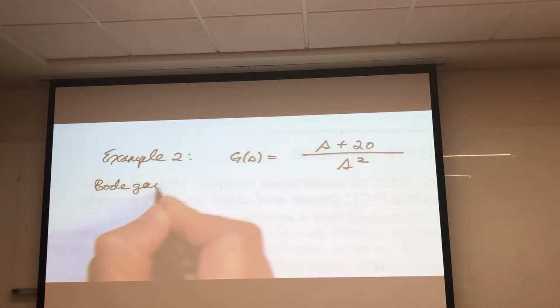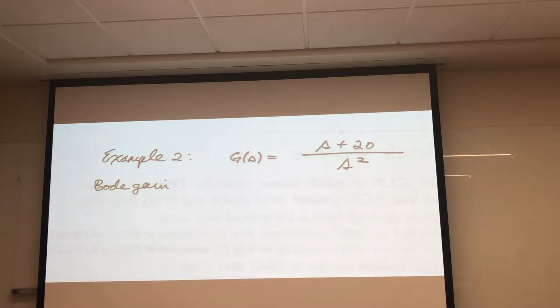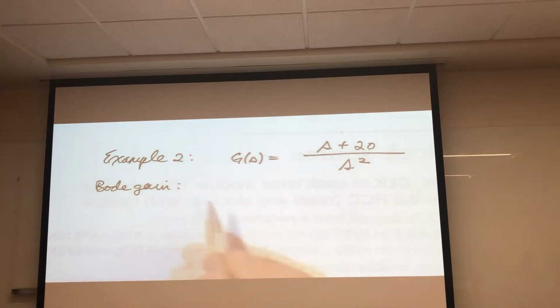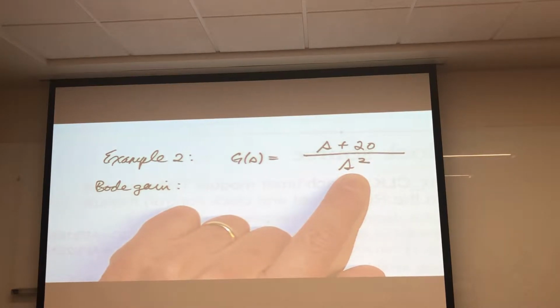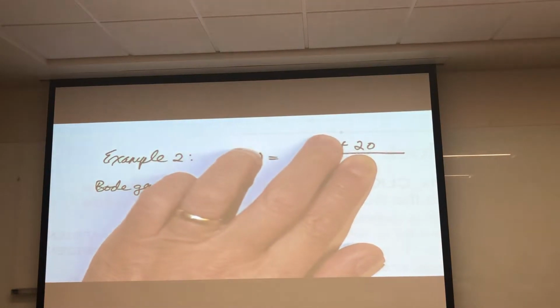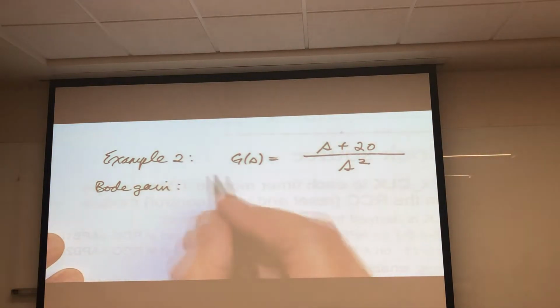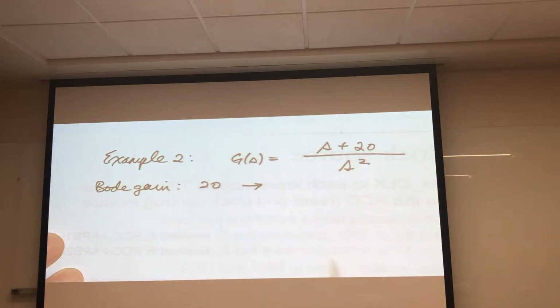The Bode gain in this case: we let s go to 0, ignoring terms like this. And so the Bode gain is 20. You have to convert 20 to dB. Is it 16 dB? 13 dB?